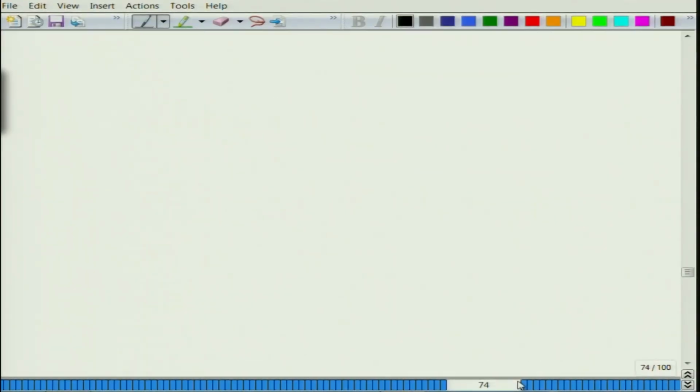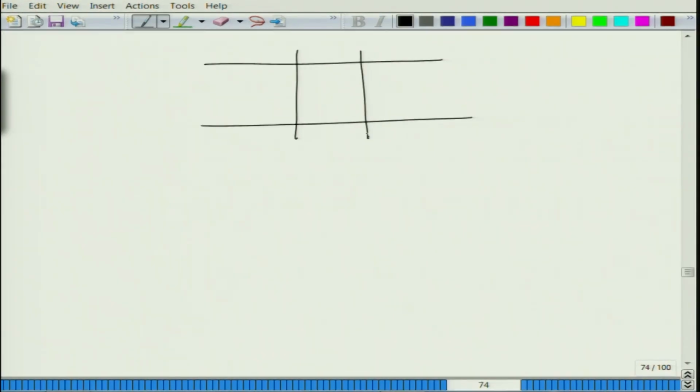Now, let us go back to the p-n junction diode. Let us look at it again. So, again this is the space charge region, and we can see that this is x equal to minus x_p and this is x equal to x_n. Now, this is the p side and this is the n side.